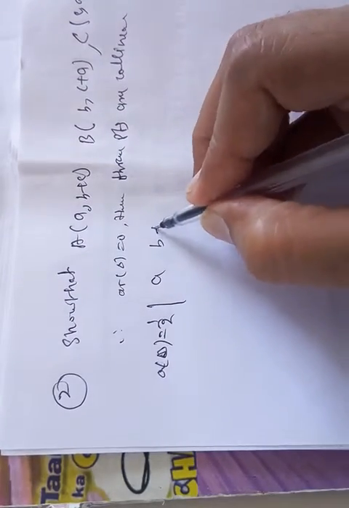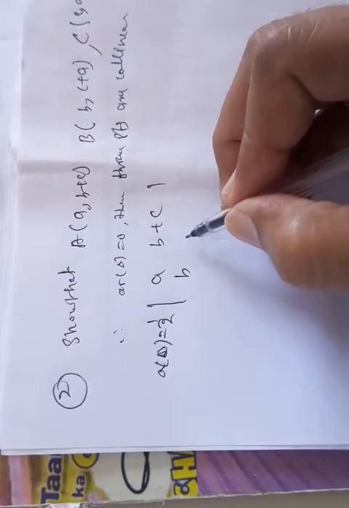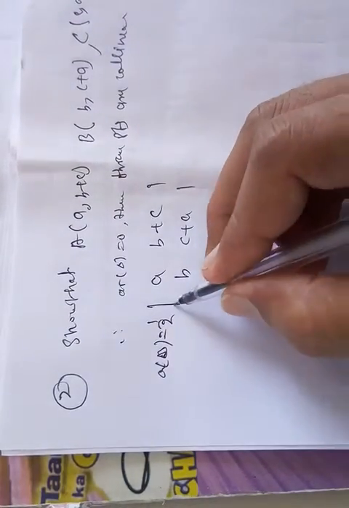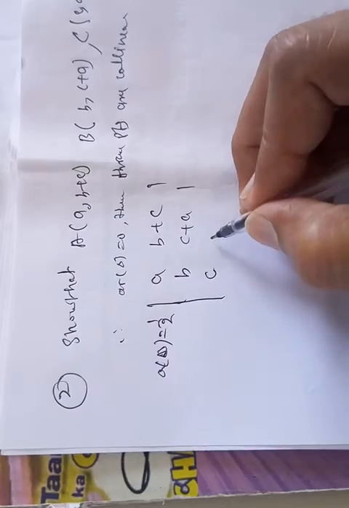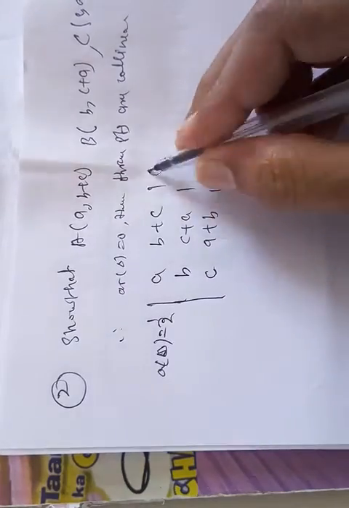The determinant has rows a, b plus c, 1; b, c plus a, 1; c, a plus b, 1.